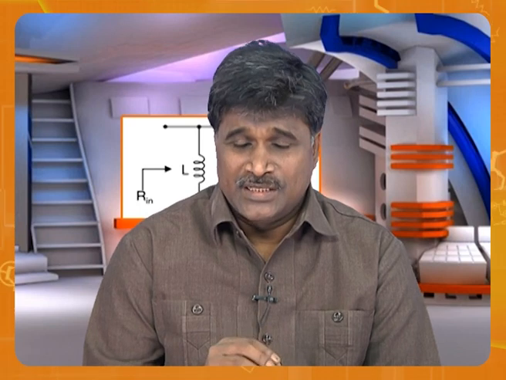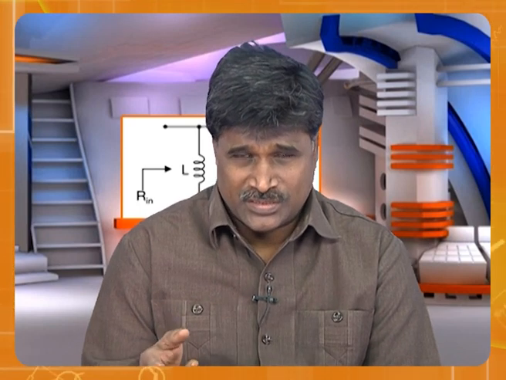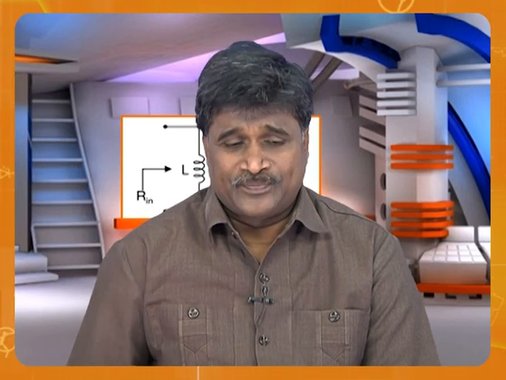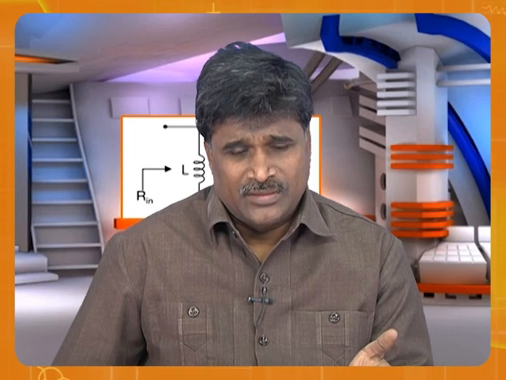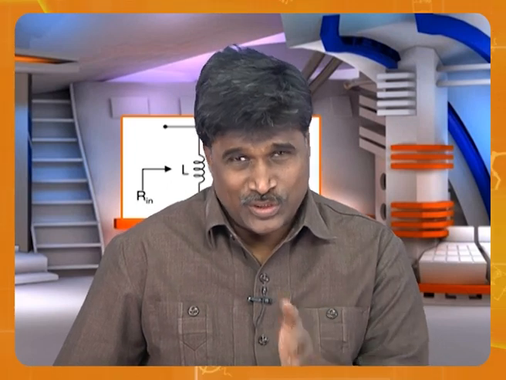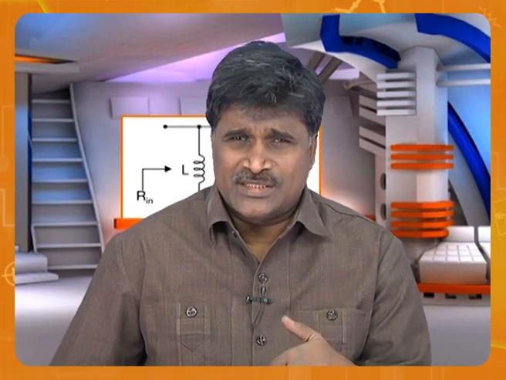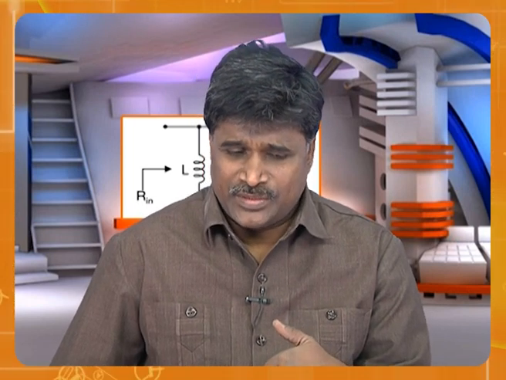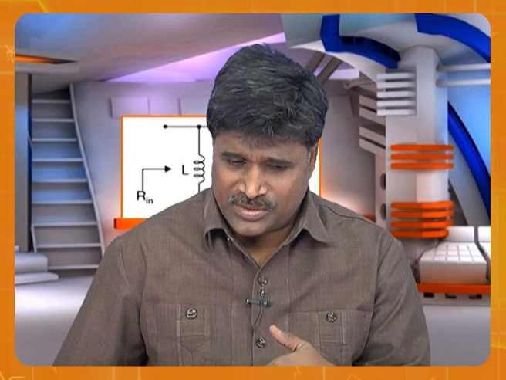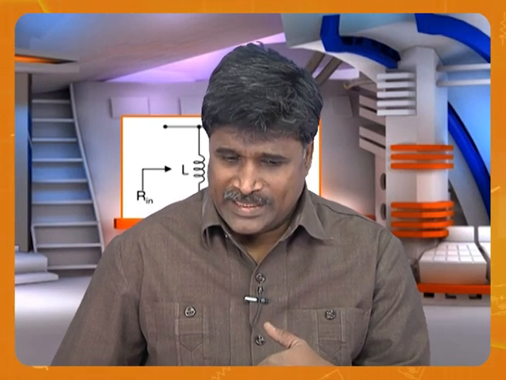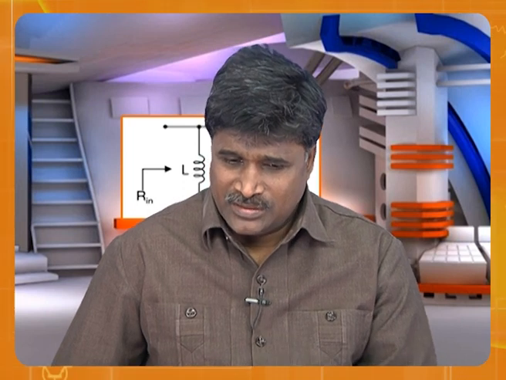The answer is, it's not controls or networks. It is zeta that matters, that means damping factor. If the damping factor is less than 1, you go for 0 to 100%. If the damping factor is not less than 1, take 10 to 90%. Now I am going to substitute. 10% means what? 0.1, T1. 90% means what? You see here?